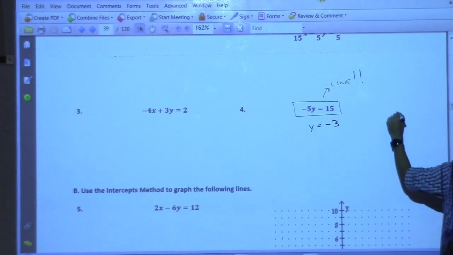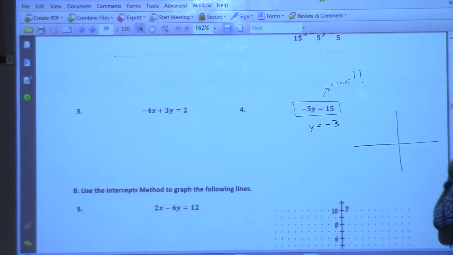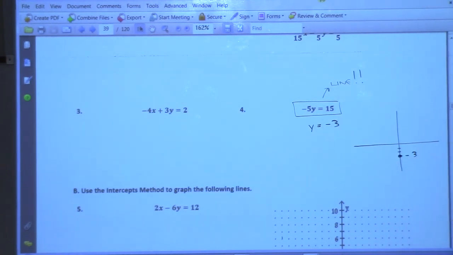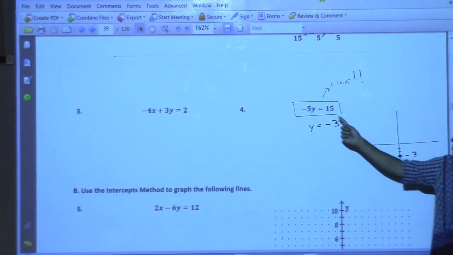So, if I were to graph this, y is -3. It's right there, isn't it? Now, what is the ordered pair for that point right there? 0, -3. X is 0, y is -3. So does this point work in this equation?